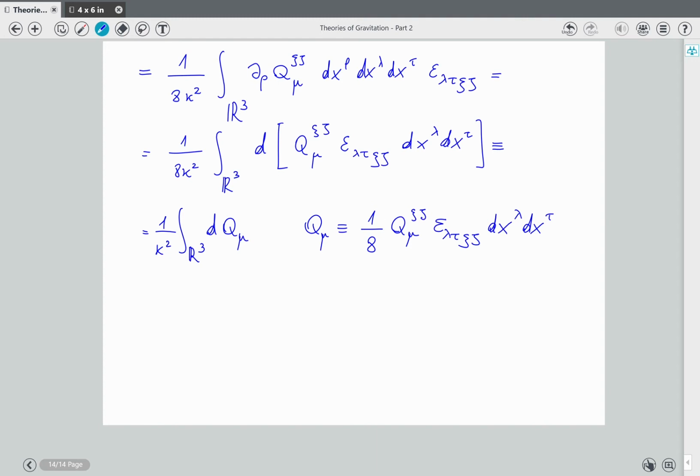And then integrating by parts, using Stokes' theorem, this will be the flux at infinity, the surface integral of this q mu. So you have an integral on a surface at infinity, which is the energy that is radiated to infinity.